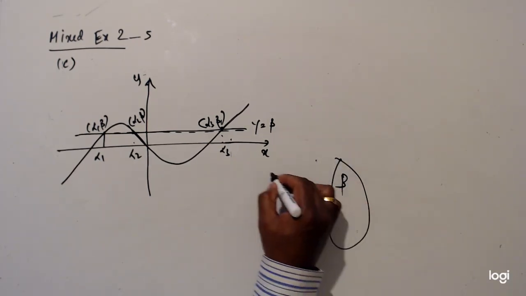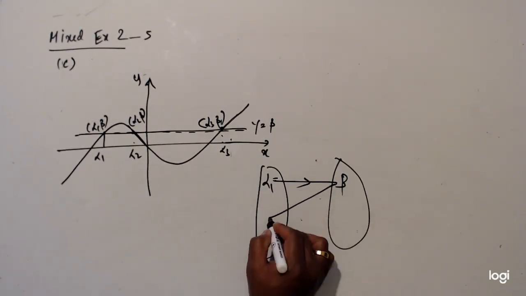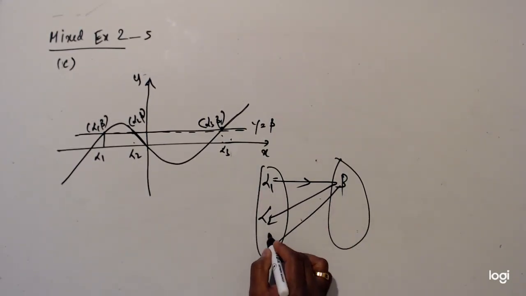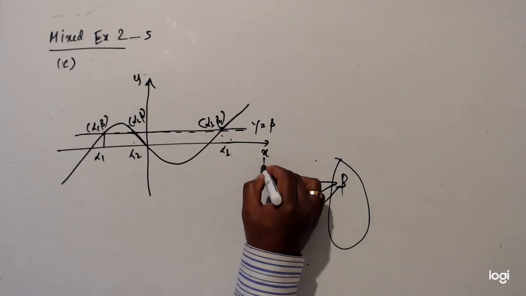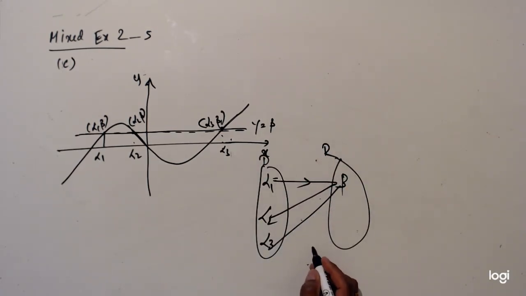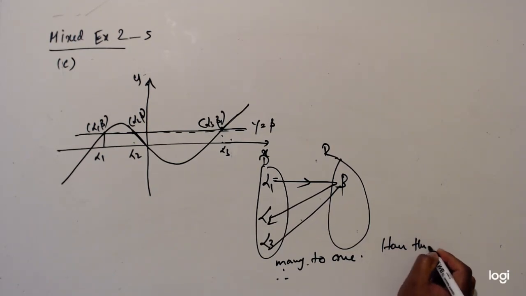So same beta, three different alpha. So this is domain and range, and this is many to 1. Hence, this is a function.